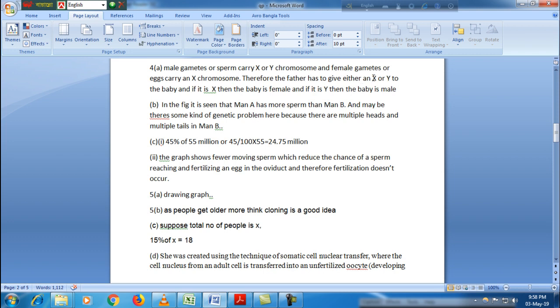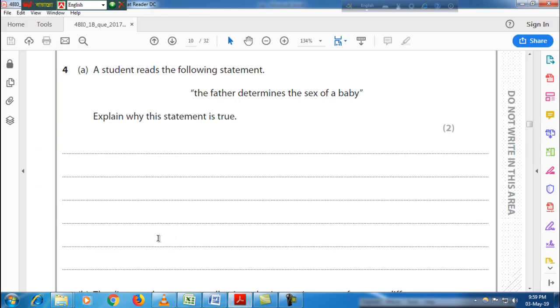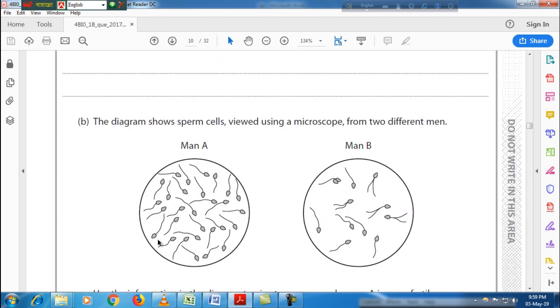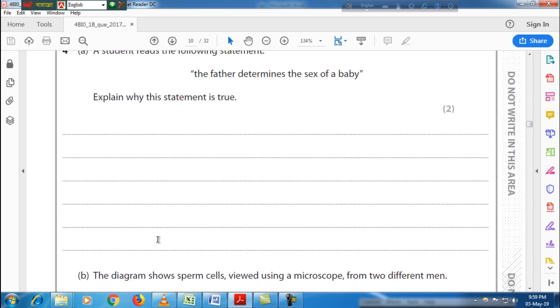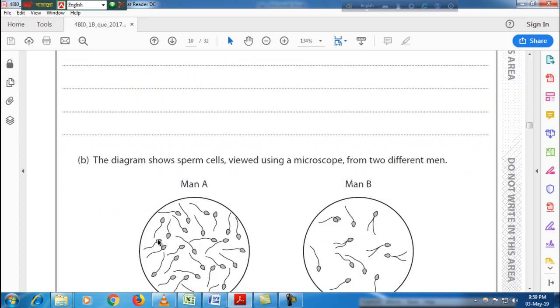Therefore, the father has to give either an X or Y to the baby, and if it is X, then the baby is female, and if it is Y, then the baby is male. Therefore, it depends on the father whether the baby will be male or female.